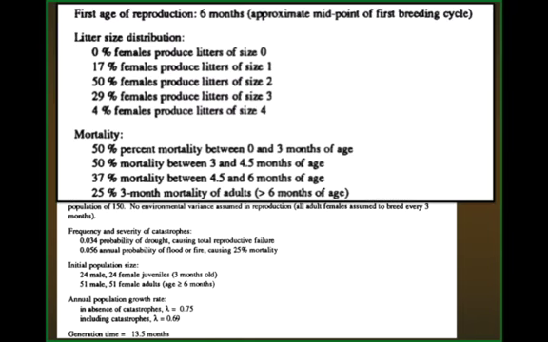I'm going to blow up the top of it so you can read it a little bit better. They include things like first age of reproduction, litter size distribution, and mortality rates. Okay, these would have been values that they probably would have gotten from field observations, and they would have used them in their PVA model.